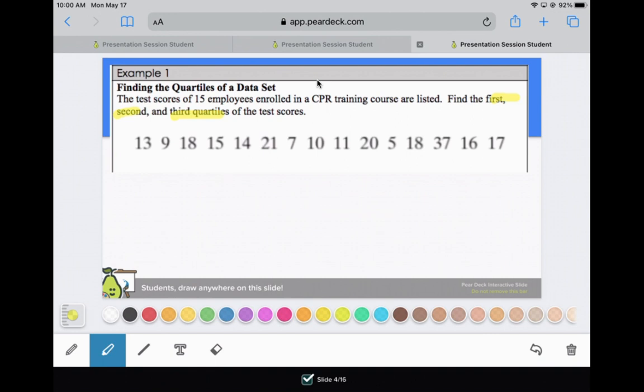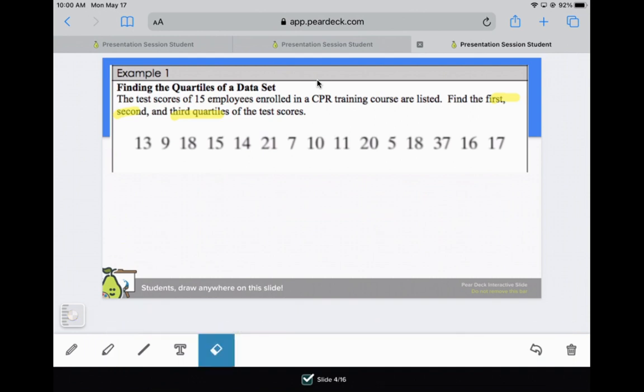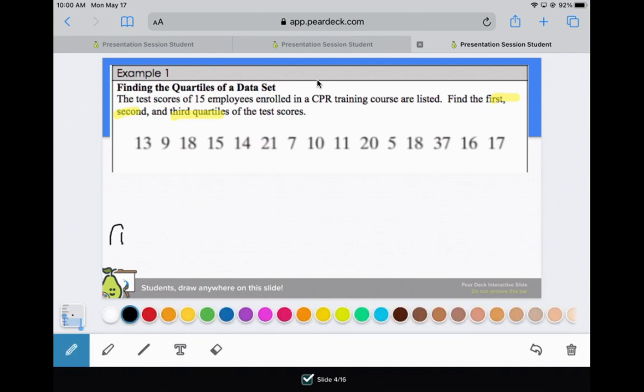So step number 1. What I'm going to do with step 1, okay, step 1 is that I'm going to find the median. So I'm looking at this list. Number 1, I'm going to find the median. So before I can find the median, I have to put them in order.